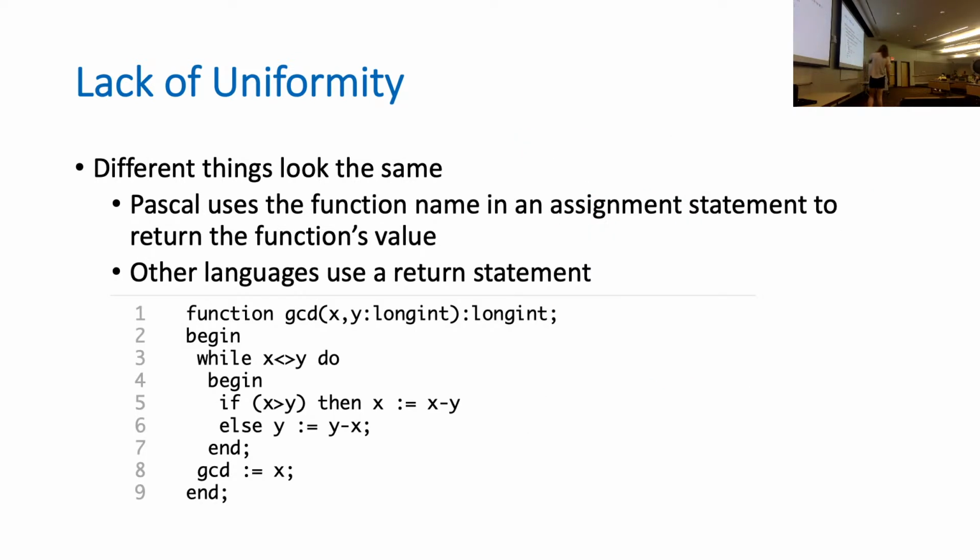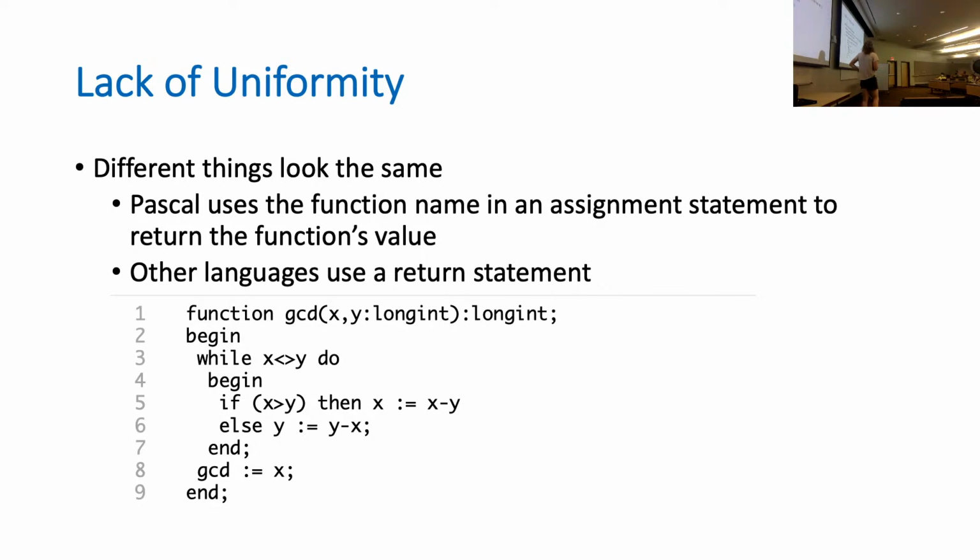So different things look the same. And I had to dig for this because different things looking the same is something we try and avoid and has generally been kind of phased out from most programming languages, but there are some old examples here. So Pascal uses the name of the function to return the function's value, which is a little insane to me, but that's what they do. So this is different things look the same.